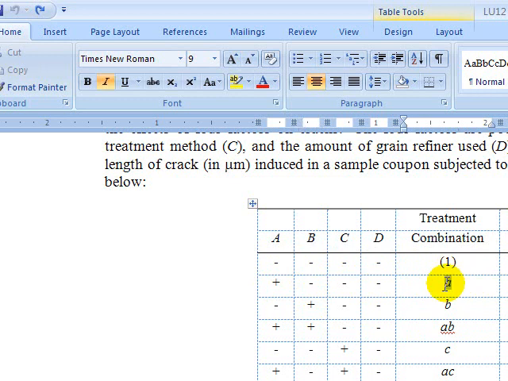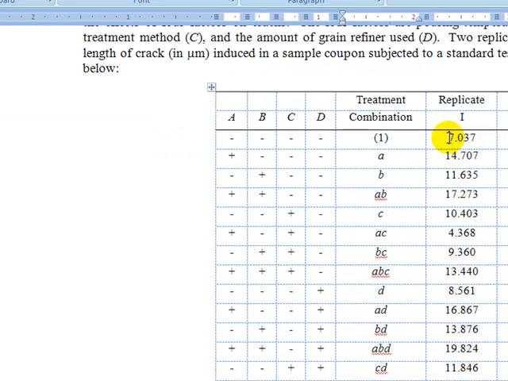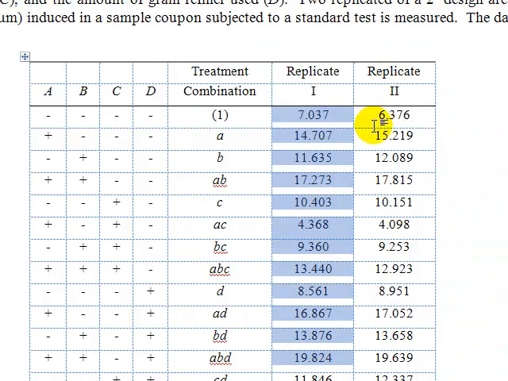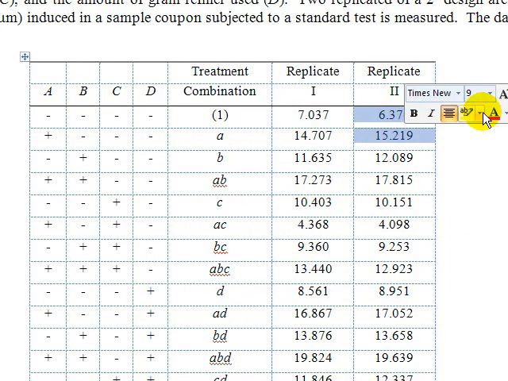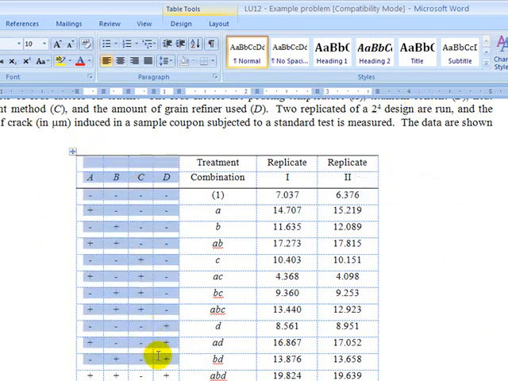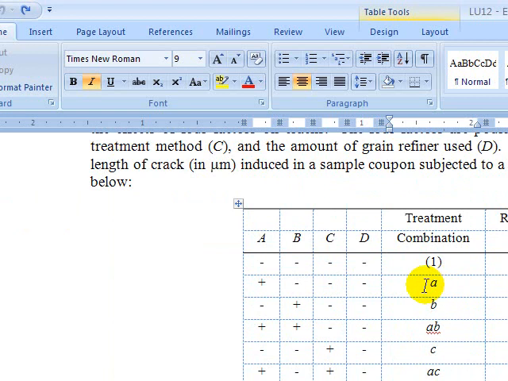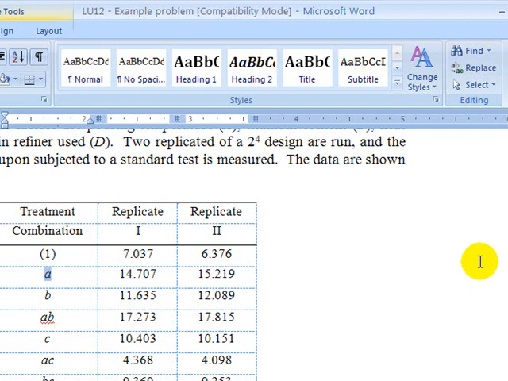This treatment combination is represented by small a, right? And you have notations for all the other combinations, and we also have the results of the response variable for each trial. Sometimes in some of the problems you will not be given these 4 columns, you will only be given these notations, and from those notations you can find out what the combination is, because this particular letter indicates a unique combination, right?